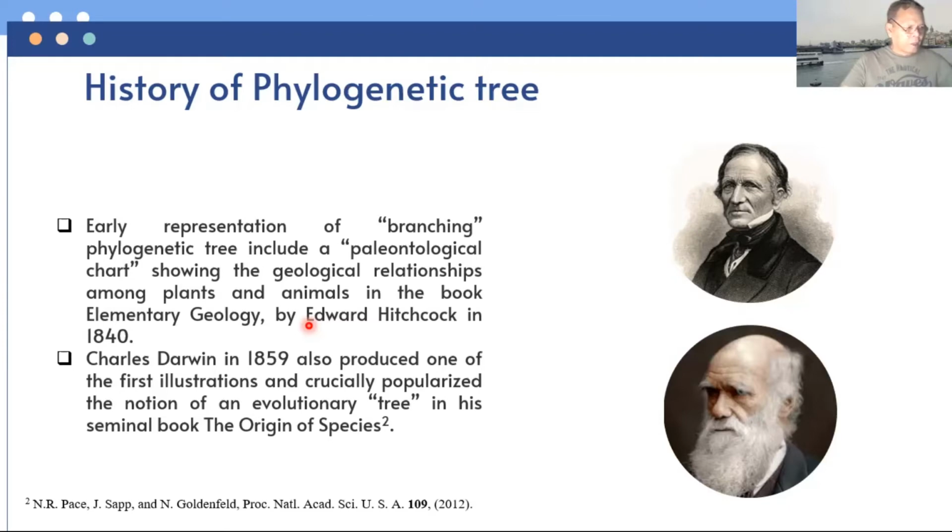And second, Charles Darwin in 1859 also produced one of the first illustration and crucially popularized the notion of an evolutionary tree in his seminal book, The Origin of Species.